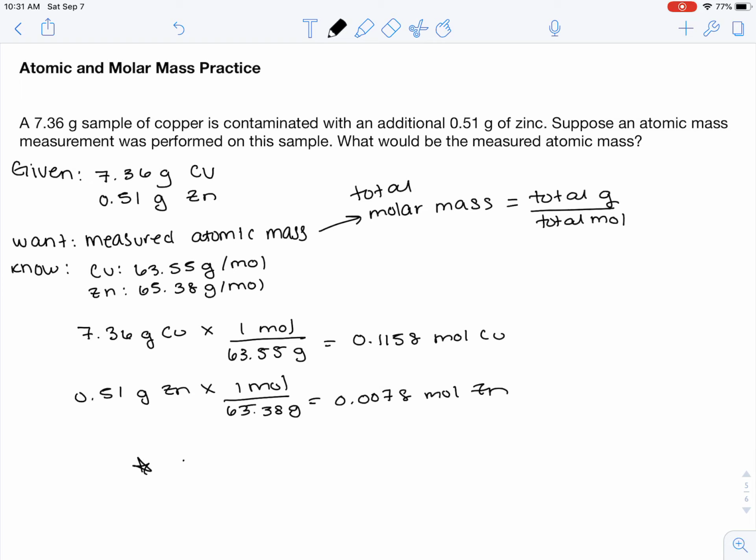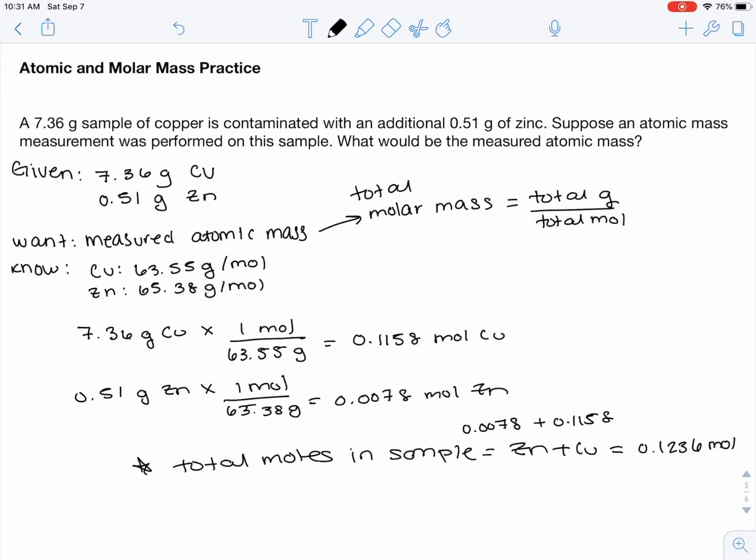So then total moles in sample is zinc plus copper, which will be those two added together, and that's 0.1236 mole. Just to be a little bit more clear, it was 0.0078 plus 0.1158.